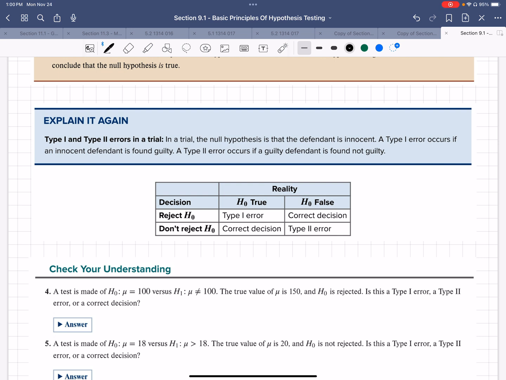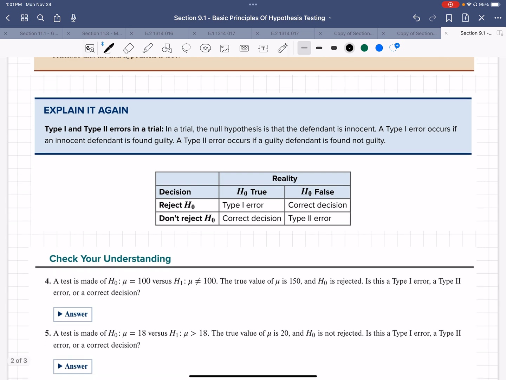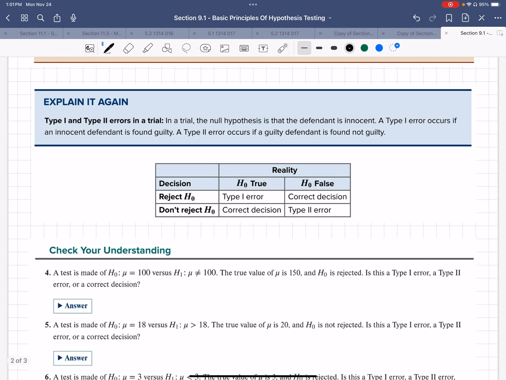So let's say that he's really innocent, but we reject that idea. That then is a type 1 error, so he's found guilty.